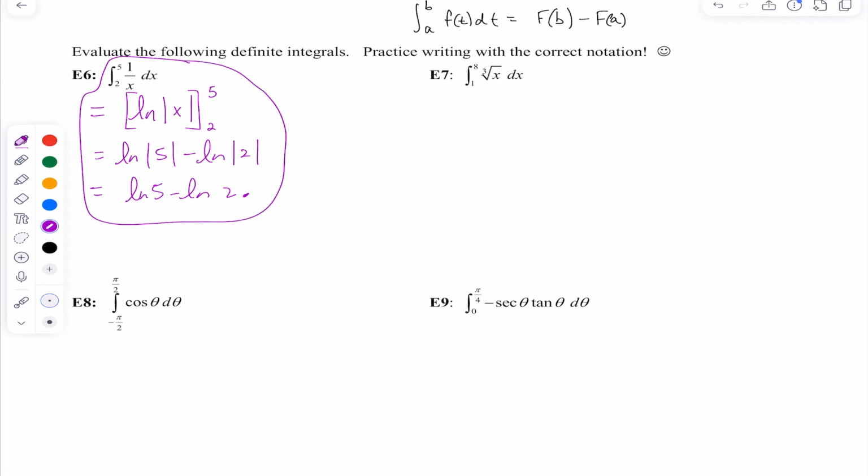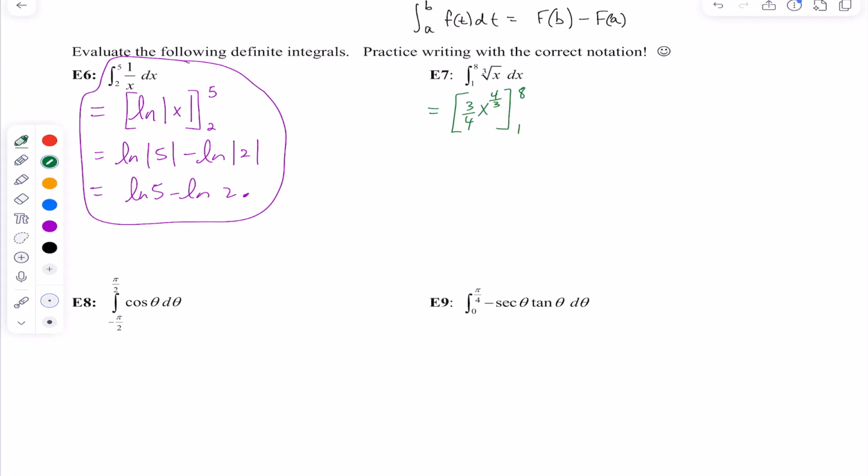Notice the expression is simplified. Do a similar process for the next example. Notice once again, I use a bracket notation.